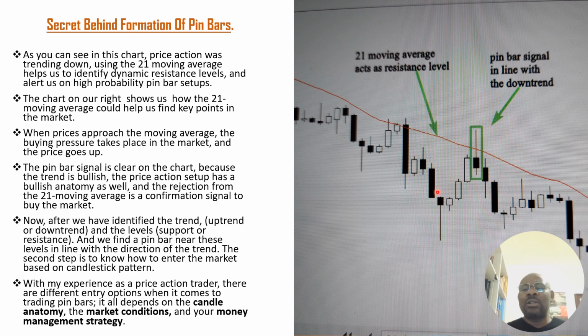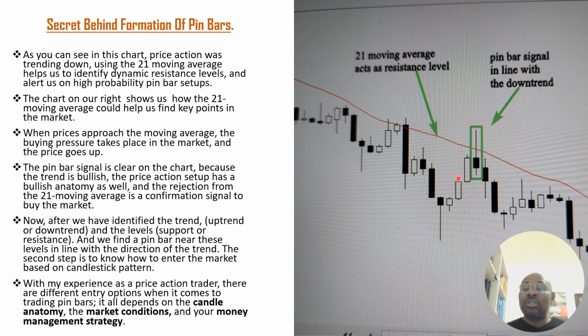As soon as this one closes, I will wait for it to close before I enter, for confirmation. If you place your trade here, your stop loss will have to go below this pin bar.